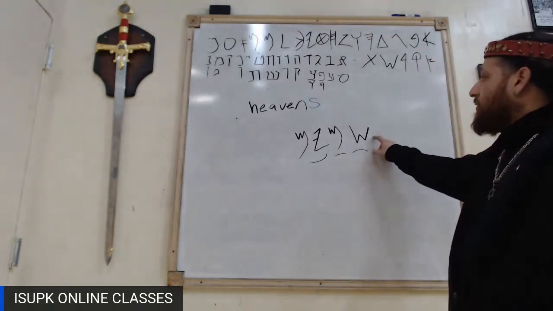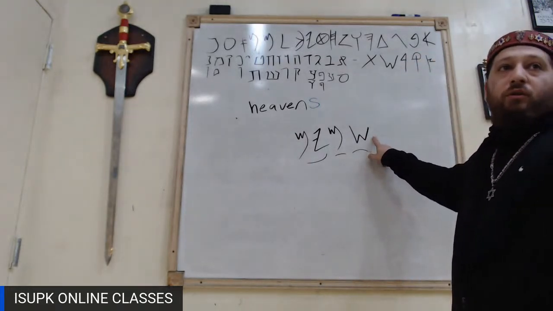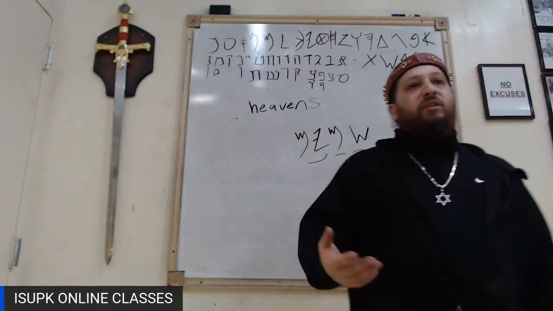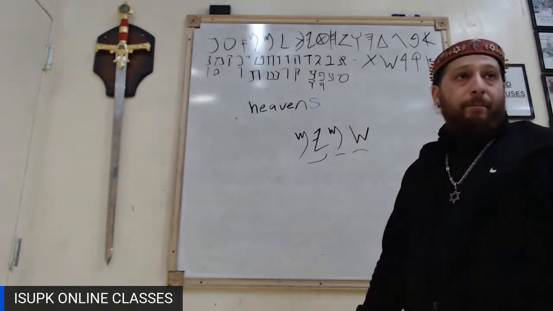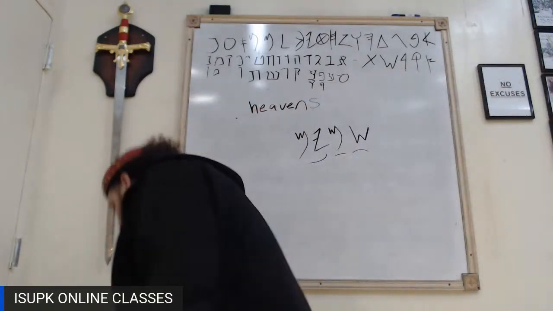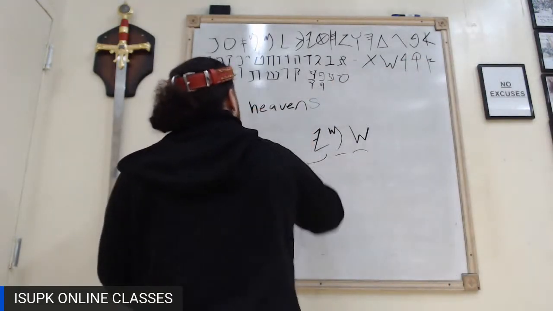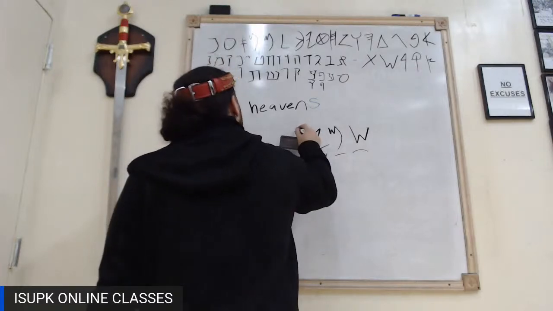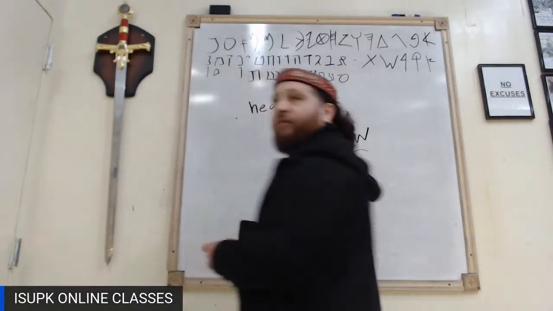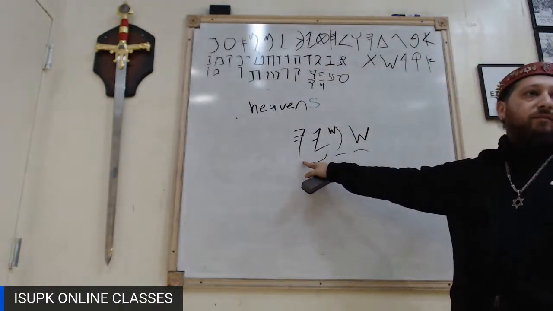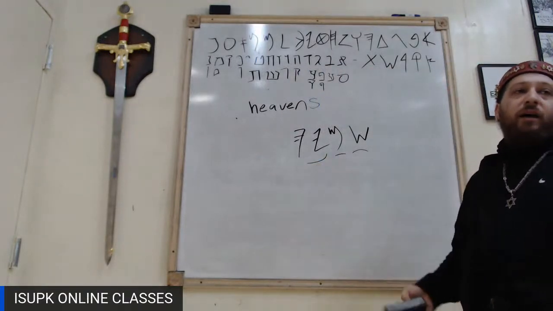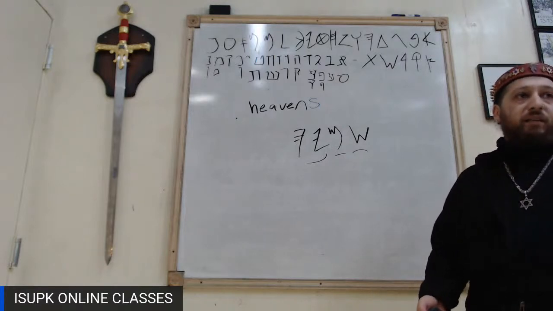And this is also a masculine word. This is why if you ever name a sister Heaven, you do what? You make it feminine. The ah makes it feminine. So now we're not going to call her Shamayim, that's too masculine.